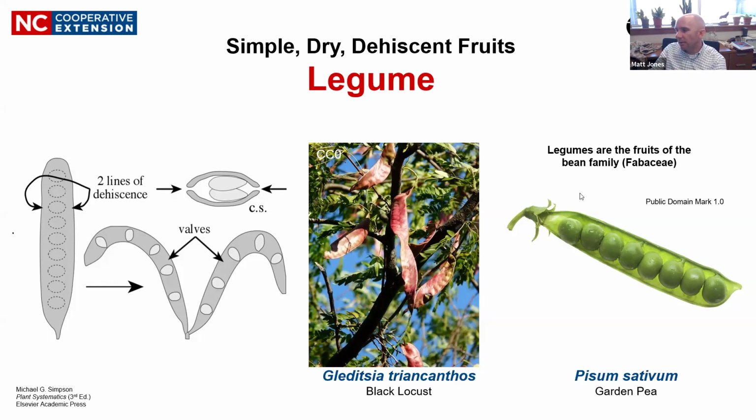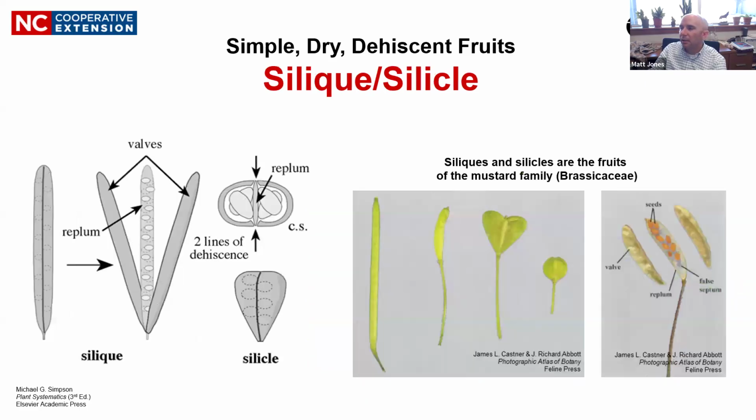Legume is what we see on peas. So when we eat peas, we're eating immature fruit because if you leave them to maturity, they will harden up. But in some types of peas, we eat the immature seeds, and other types, like with snap peas or snow peas, we're eating the immature fruit itself with underdeveloped seeds inside.